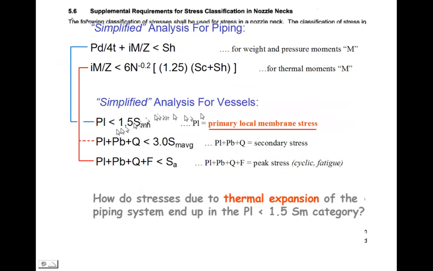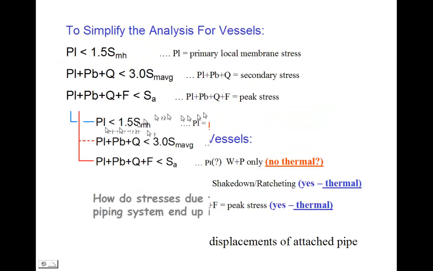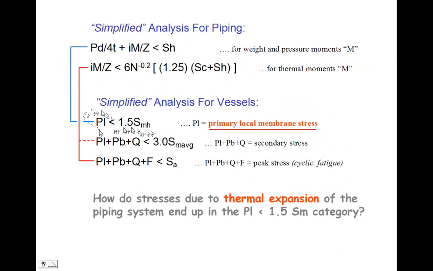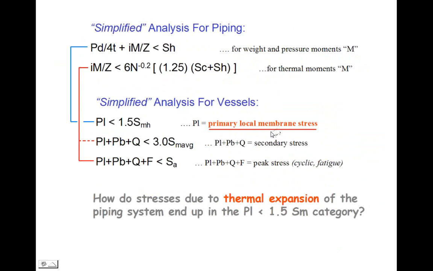So if we go back to our evaluation, PL less than 1.5 SM, PL, according to 5.6 of 2007 Division 2, the primary local membrane stress must include the effect of the thermal expansion of the attached pipe.